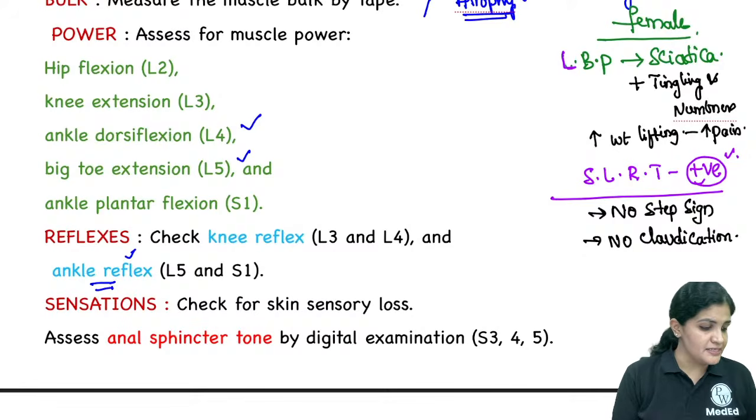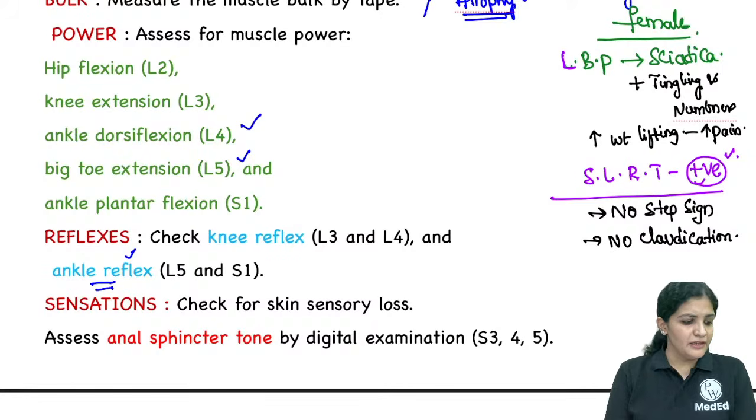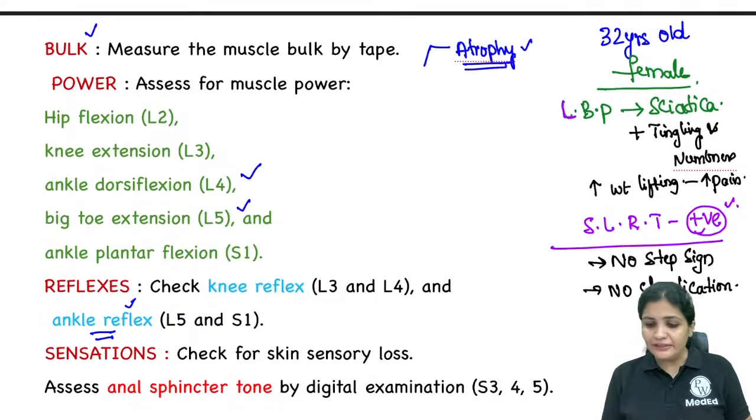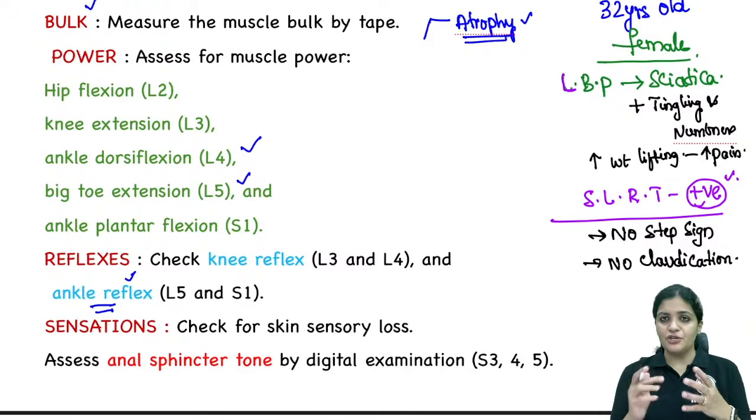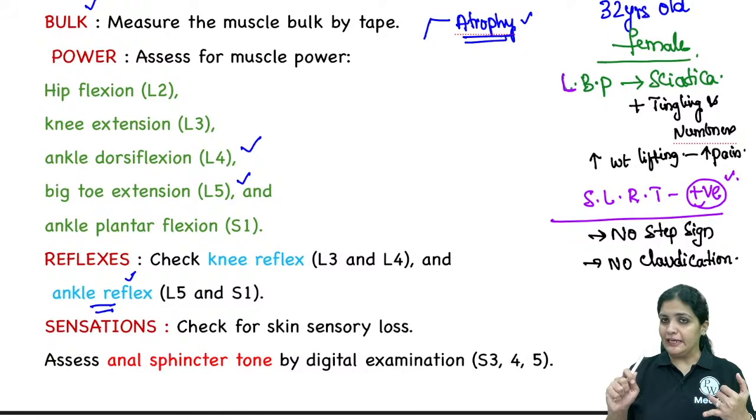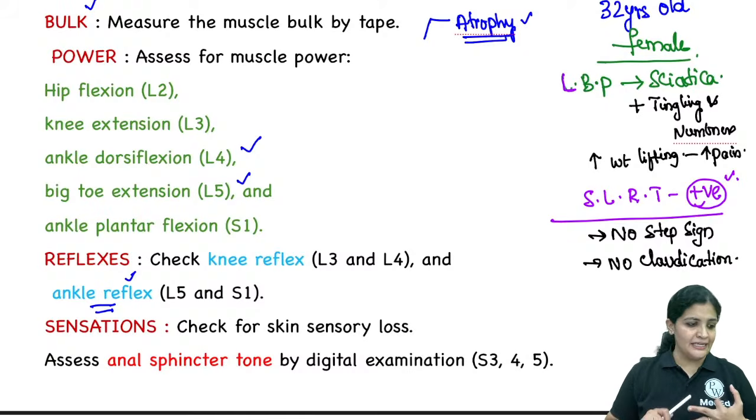Waiting for your answer. What could be the working diagnosis if the patient is a 32-year-old female who has come with low back pain plus radiating pain, and on palpation you have seen there is no step sign and no claudication, but SLRT is positive?